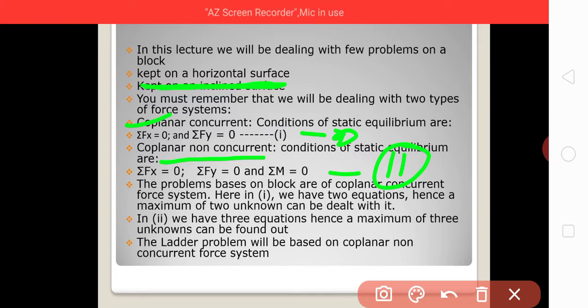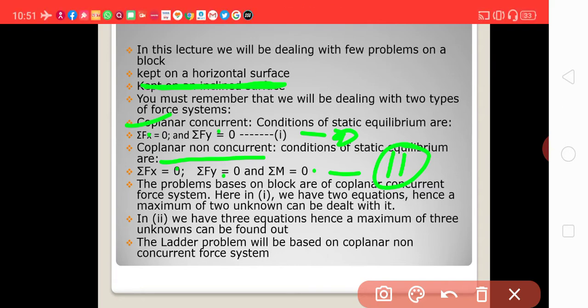Here, because there are only 2 equations, it can tackle only 2 unknowns. But in the second case, the coplanar non-concurrent force system, we have 3 equations, hence we can solve for 3 unknowns.